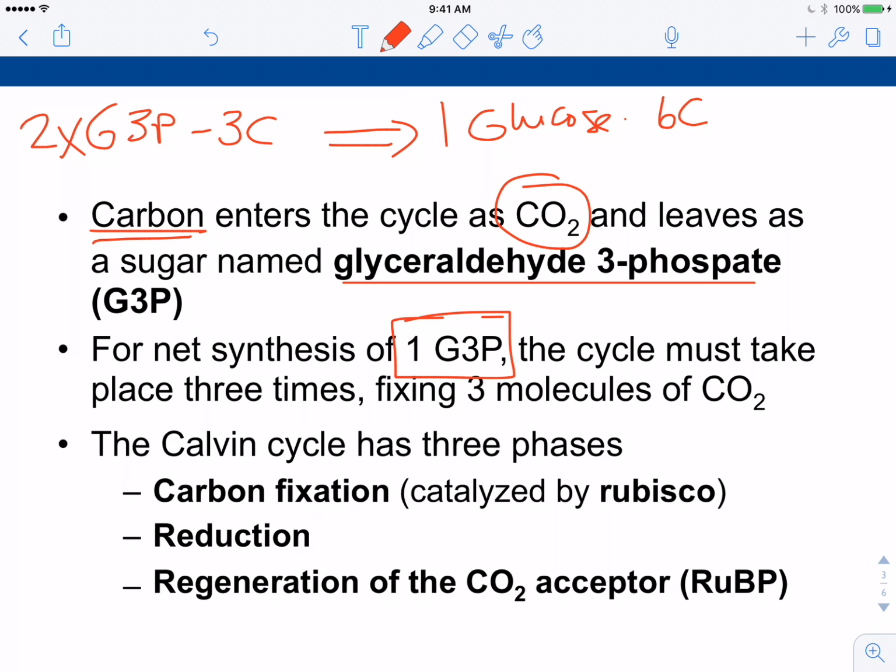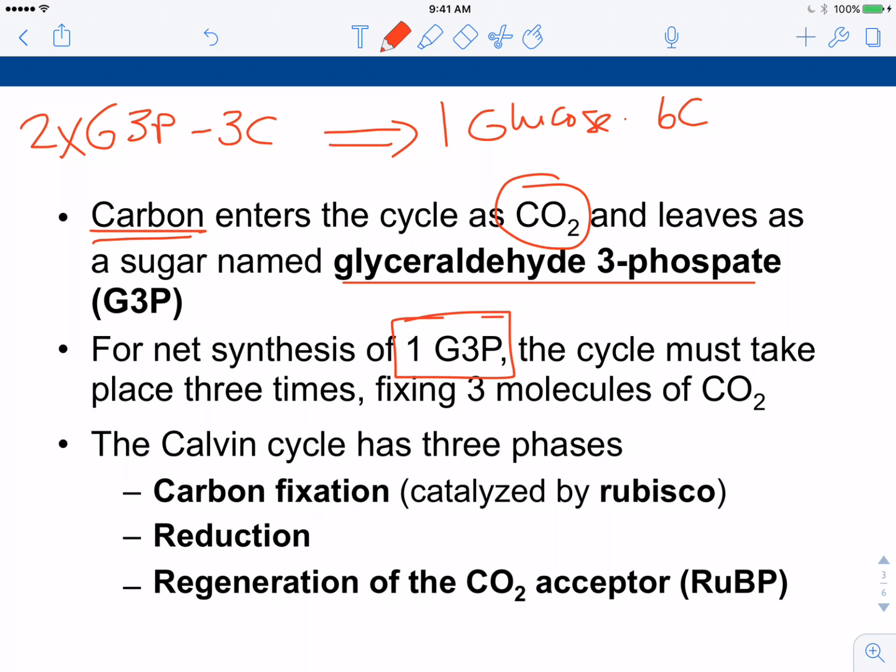This is catalyzed by the enzyme Rubisco, and Rubisco stands for ribulose bisphosphate, RuBP, carboxylase. Again, it's an enzyme that adds carbon dioxide onto RuBP. So we've got 3 over here, 3 over here.